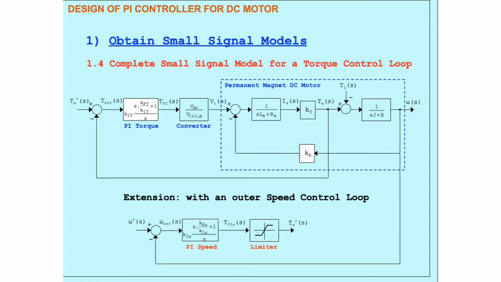This is a complete model of a torque control loop that was cascaded together with a permanent magnet DC motor. The system is controlled by an outer speed control loop that was connected with another input signal to control the motor quadrant.